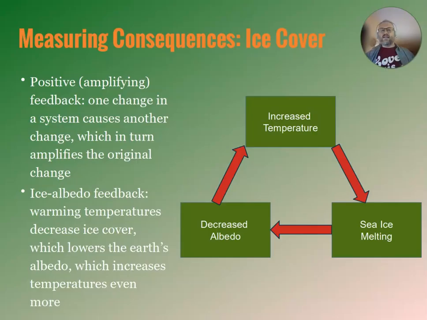A positive feedback or an amplifying feedback is a process in which one change in a system causes another change, which in turn amplifies the original change. So the original change becomes even greater due to its own effects. I prefer the term amplifying feedback because that describes what's happening, that the original change is getting amplified. But you often see the term positive feedback.